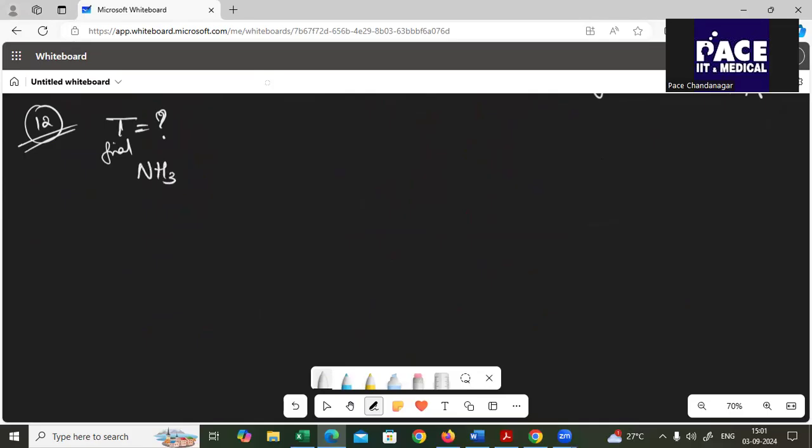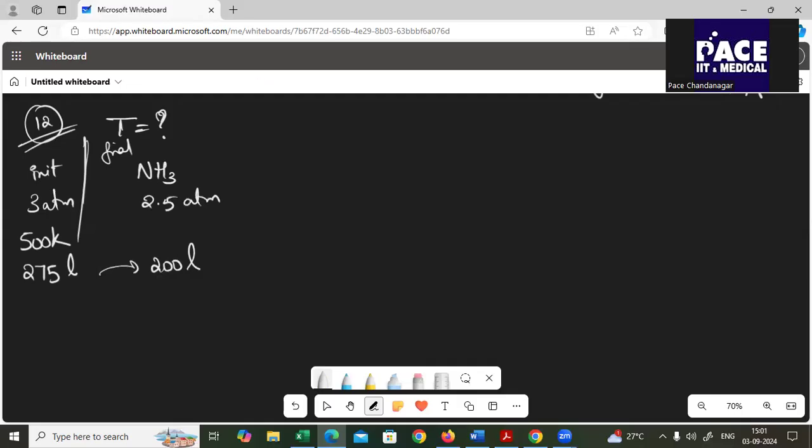Initially, at 3 atmospheres pressure, at a temperature of 500 Kelvin and a volume of 275 liters, it is changed to volume 200 liters and a pressure of 2.5 atm. So T2 is how much? They are the same again: P1 V1 by N1 T1 equals P2 V2 by N2 T2.